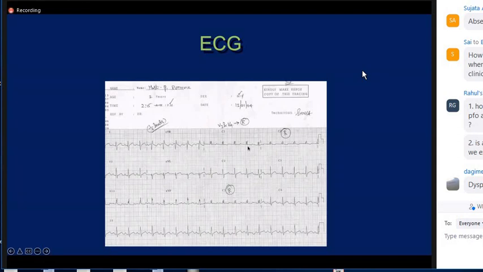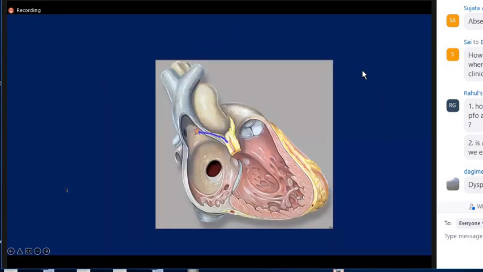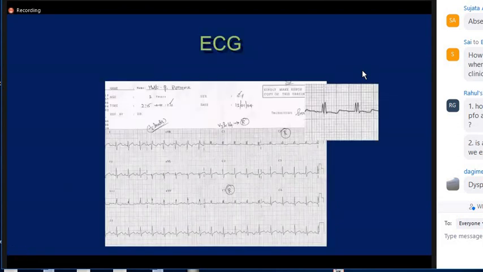It is consistent with atrial septal defect, fossa ovalis, because of the right axis, and you are going to diagnose this as atrial septal defect.